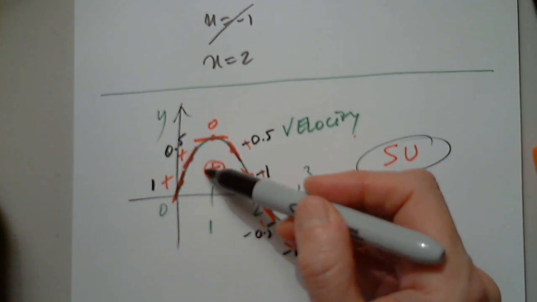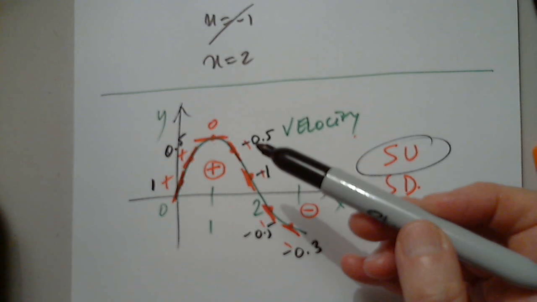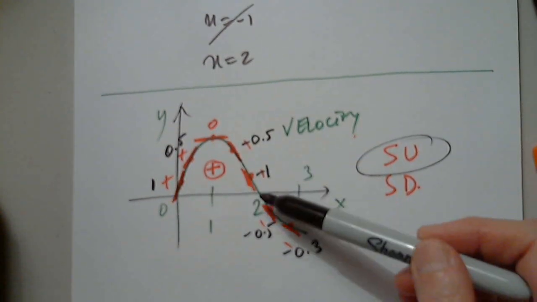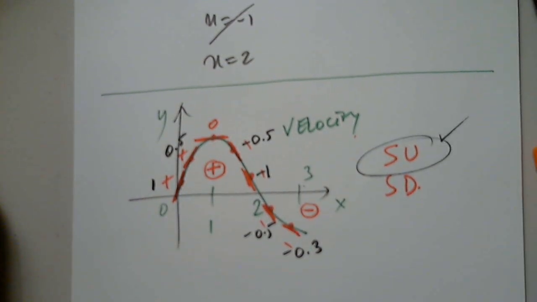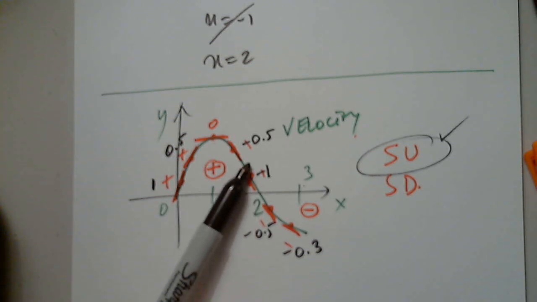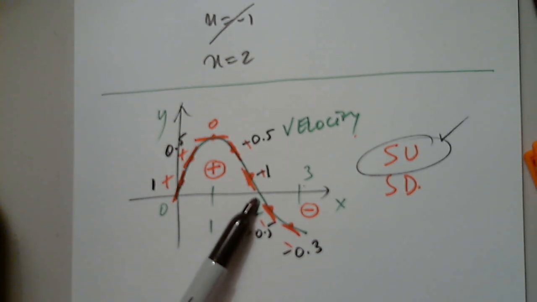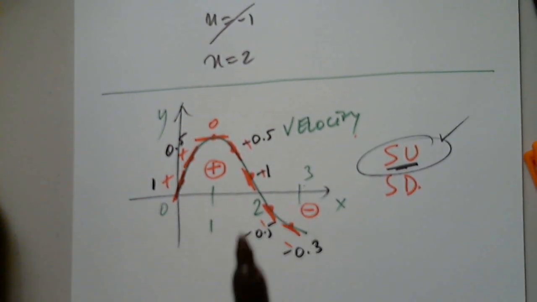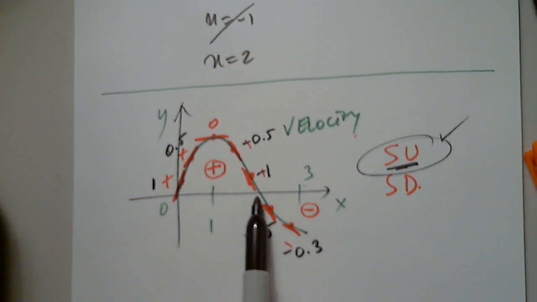When they're both positive between 0 and 1 and both negative between 2 and 3, the particle is speeding up. Very good question. Thank you for asking that. But it's slowing down when the velocity is still positive, but the acceleration is negative between 1 and 2. So speeding up two pieces between 0 and 1, union 2 and 3, and slowing down only between 1 and 2.